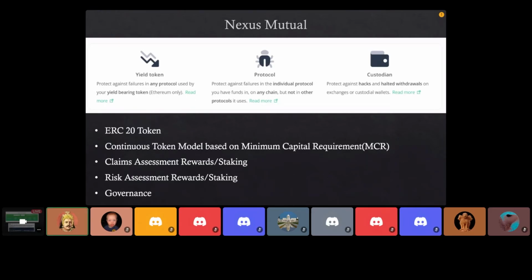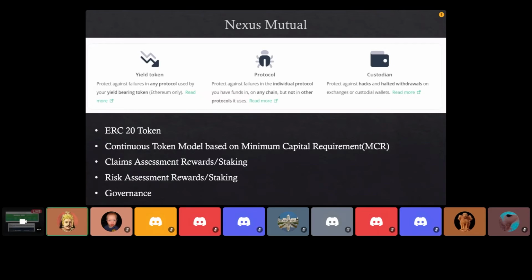And second important thing is they are using continuous token model. Here they use the term called as minimum capital requirement. For example, if a particular risk product is being developed and the users are buying the product, then they'll be pooling in the premium. What happens is when all the users are pooling in the premium into the capital pool, the cover will not be activated immediately.